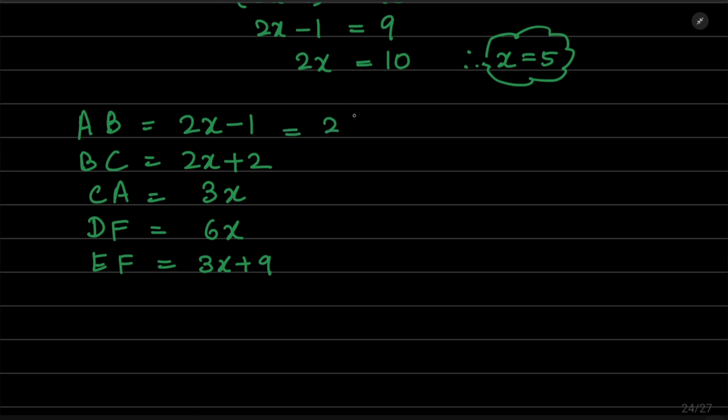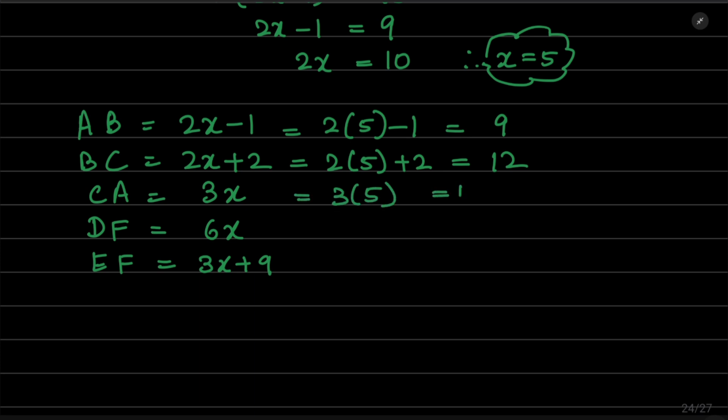So it's nothing but 2 multiplied by x, which is 5, minus 1, which is 10 minus 1. That is 9. 2 multiplied by 5 plus 2, 10 plus 2, 12. This is 3 into 5, which is 15. This is 6 into 5, which is 30. And here you have 3 into 5, 15 plus 9.